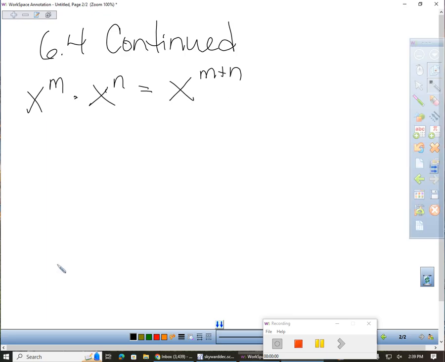That's what we just did to get 7 to the 10 over 21, right? If I have x to the m divided by x to the n, then we subtract our exponents.